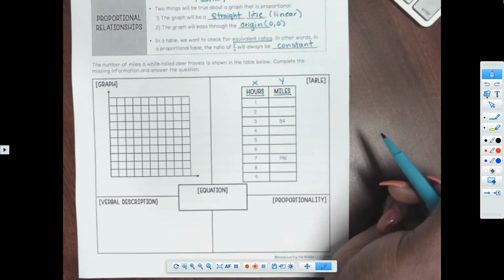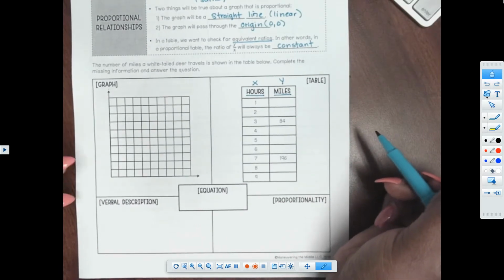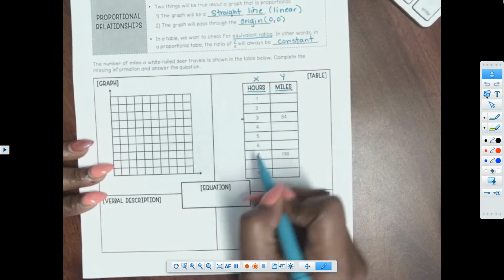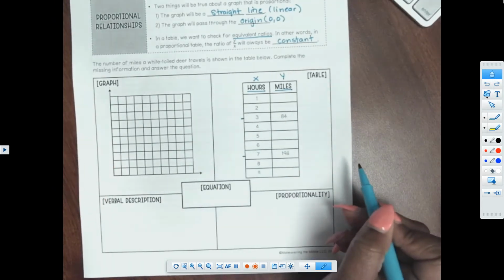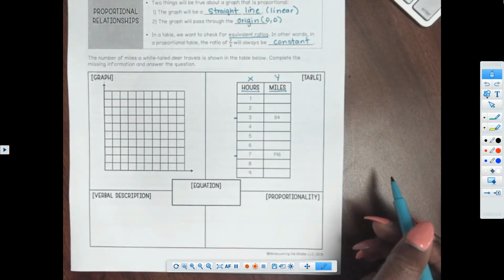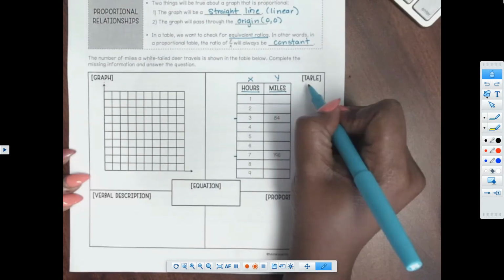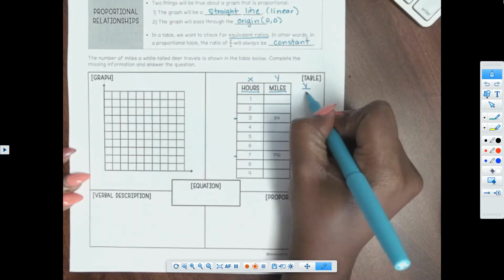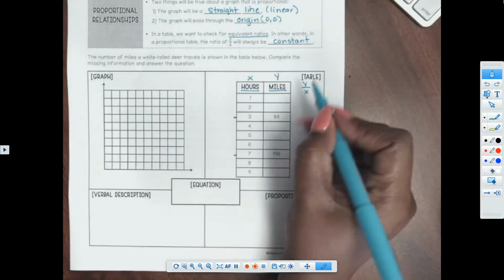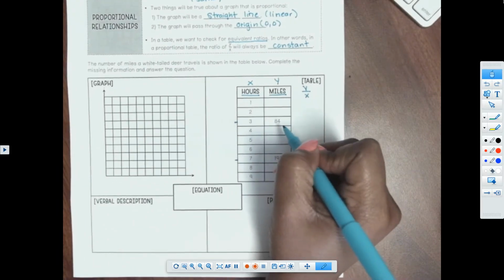However many hours, that's how far they go. It gives us two sets of data points, and that's all we have to figure out what the constant of proportionality is. All we have to do is take those two and divide, y over x.